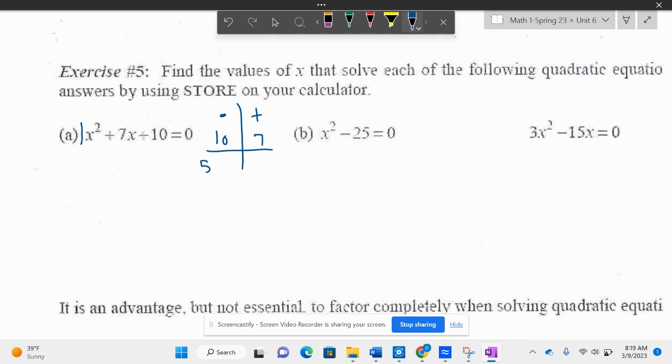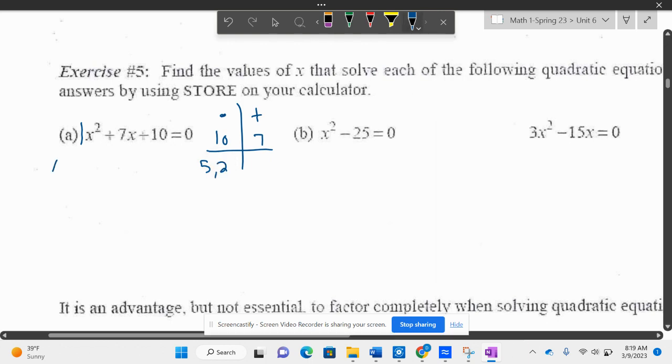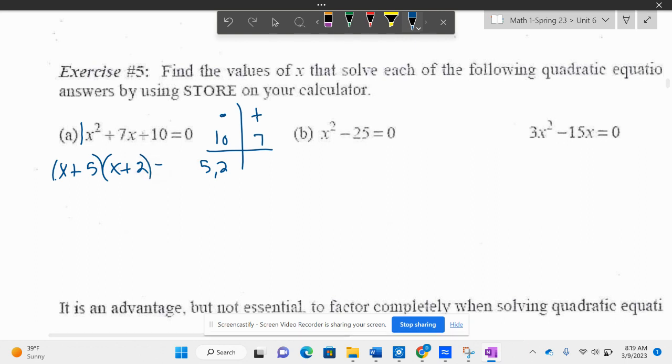And they're both positives, 5 and 2, right? So that actually means that my factors are x plus 5 times x plus 2. And we're going to set it equal to 0 to solve it. So what are the two roots or the two solutions for this quadratic equation? Good job. X equals negative 5 and x equals negative 2.